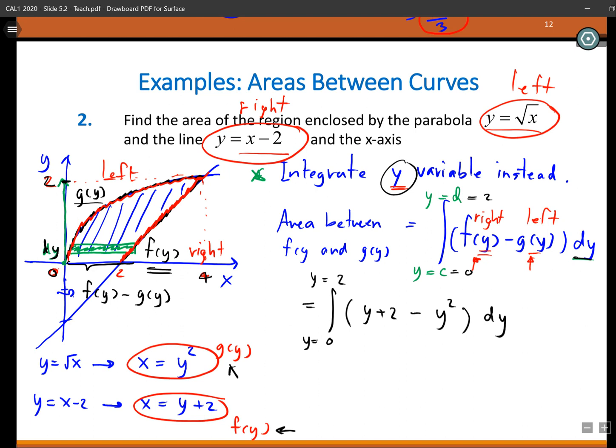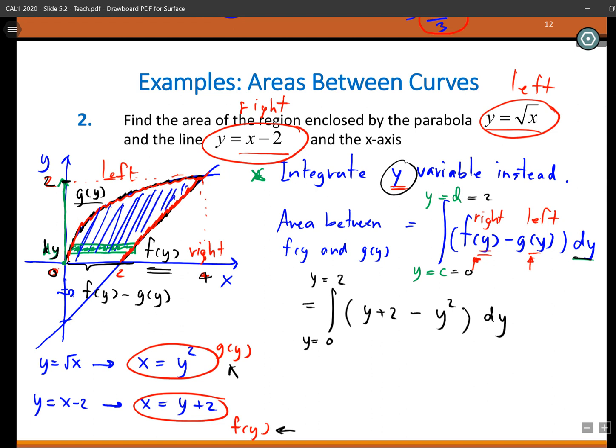At this point you might ask me, why do we have to go through all this trouble? This is so many things to do. Let me ask you something. In this case, how many right curves do we have? You can look at this region.